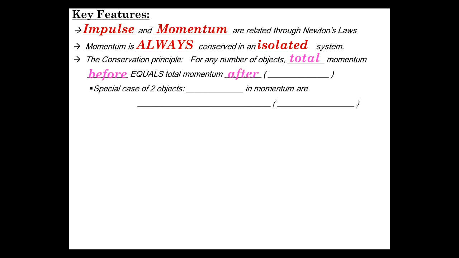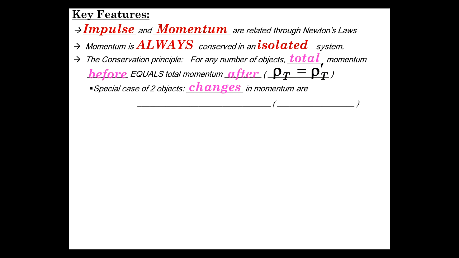That's a little redundant, but let me write symbolically what that says. Rho sub t, total momentum before, equals rho prime sub t, total momentum after. And in the special case of two objects, which will be a typical case for us, there are changes in momentum that occur between two objects interacting.